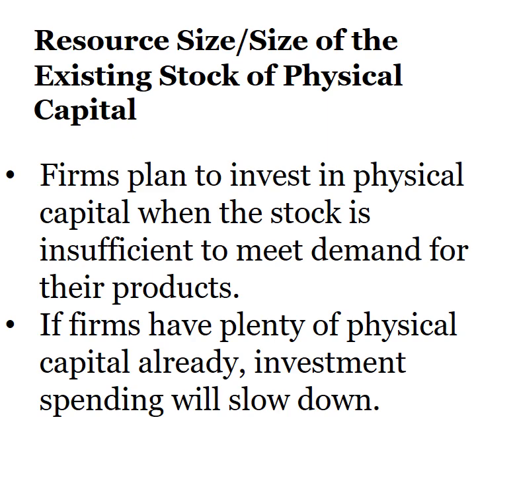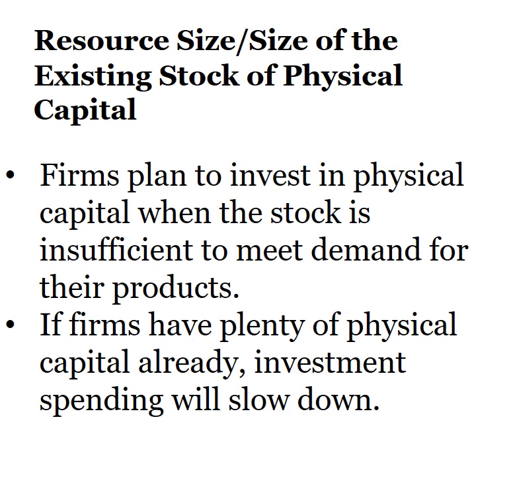They're machines. So if your business has a lot of physical capital, then you're doing just fine and you are able to produce everything that you need to keep up with demand for your products. So if the existing stock of physical capital is high, you don't need to spend any more money. So investment spending would be down.